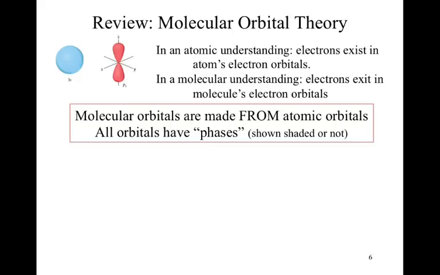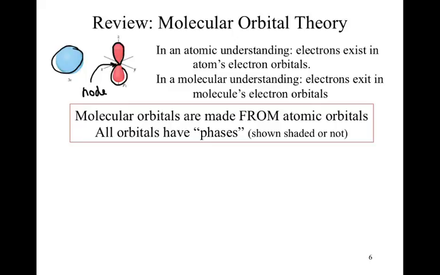The phases become relevant and will change when we pass through a node, where electrons can't exist. So when we look at the s orbital, there are no nodes within the s orbital. So our s orbital will either be entirely shaded or entirely empty. Our p orbitals, on the other hand, you'll notice that there is a node at the very center.